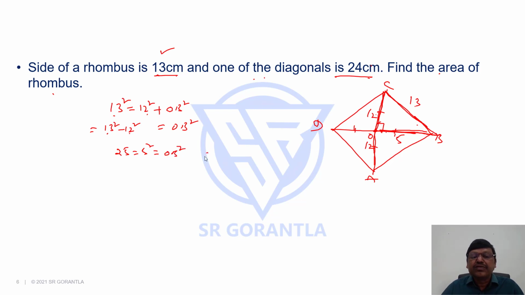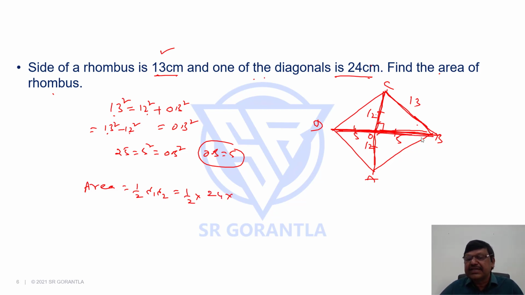So OB is 5. Once this is 5, OD is also 5, so the other diagonal is 10. And we know the area of a rhombus is half D1 D2. One diagonal we know is 24, and the other diagonal we have calculated as 10. So the area is 120 square centimeters.